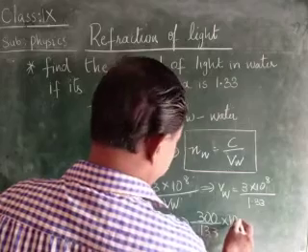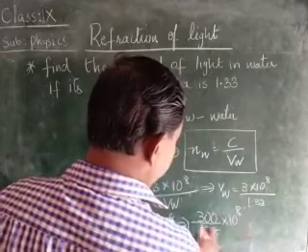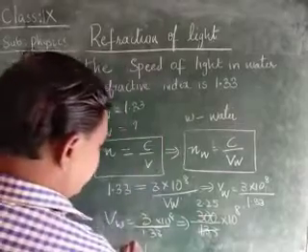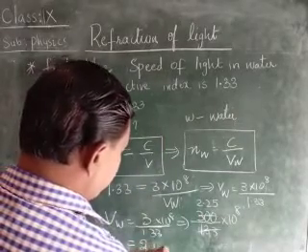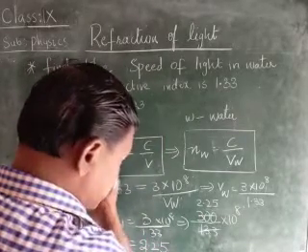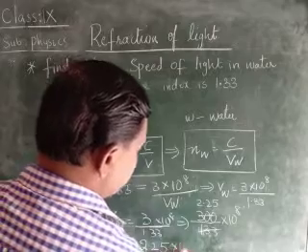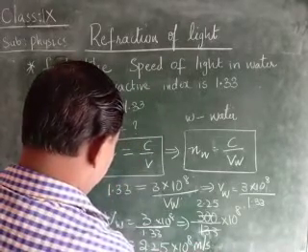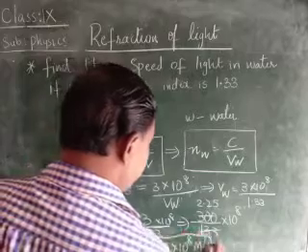Therefore, 10 to the power of 8. If we cancel, we get 2.25. Therefore, the speed of light in water is 2.25 into 10 to the power of 8 meter per second.